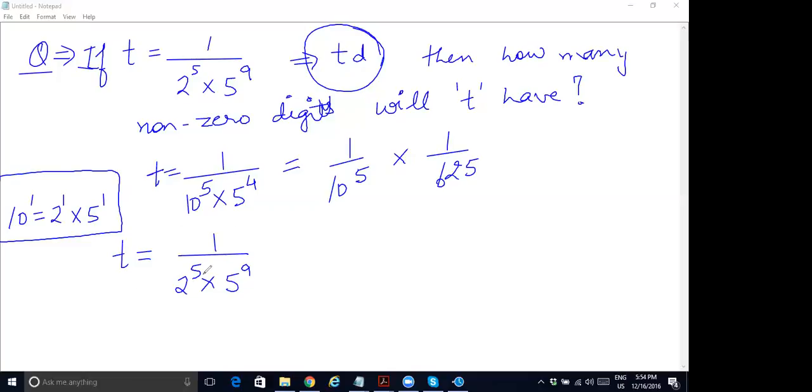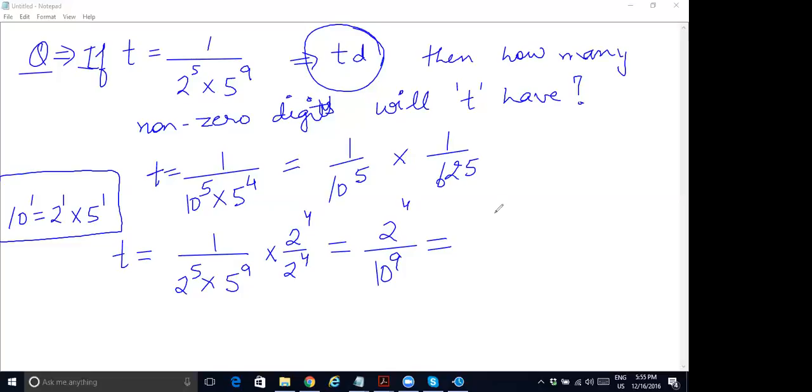Now we have 5 twos and 9 fives in the denominator. If I multiply 4 twos like this, I am not changing anything, it's just multiplication by 1. So I will have 2 to the 4 in the numerator, and 9 twos and 9 fives in the denominator. That will give me 9 tenths.